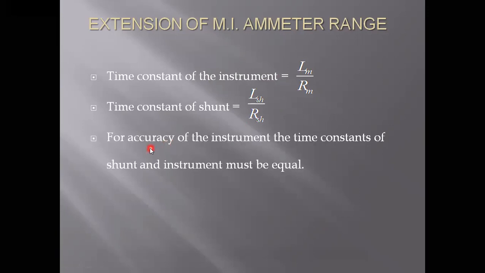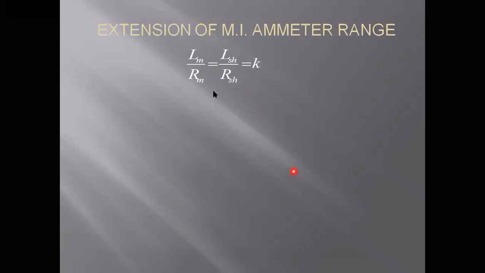Now, if you want your MI instrument to be accurate, we should take care that the time constant of the shunt coil and the instrument must be equal. That means Lm by Rm should be equal to LSH by RSH.